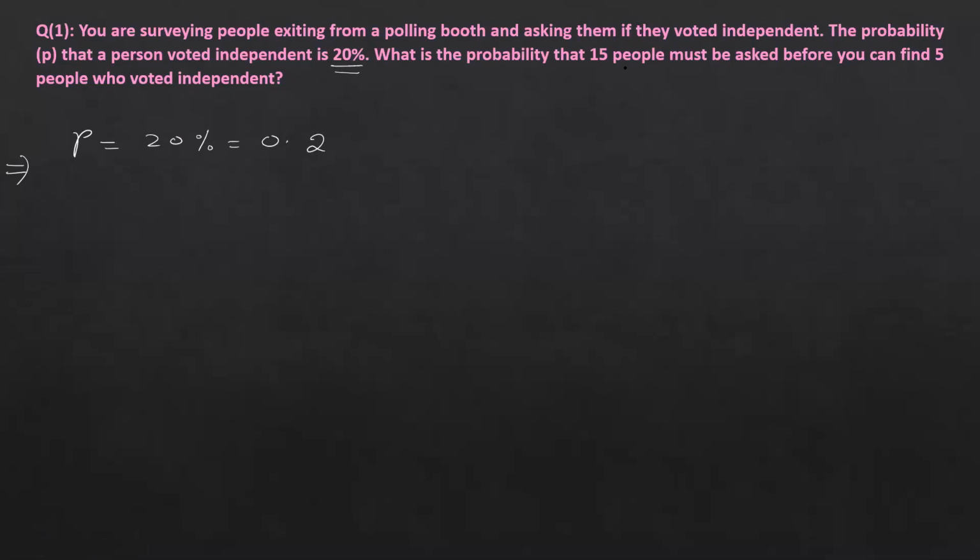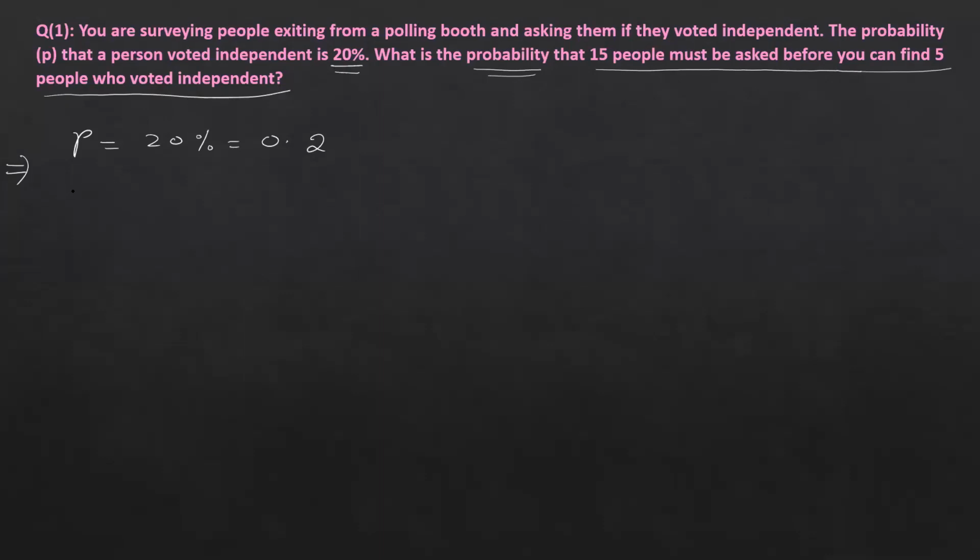What is the probability that 15 people must be asked before you can find five people who voted independent?